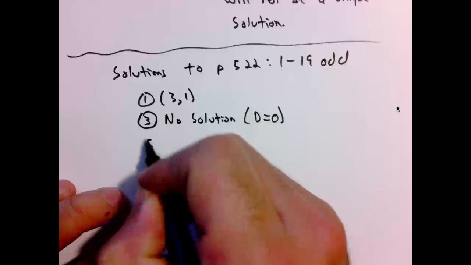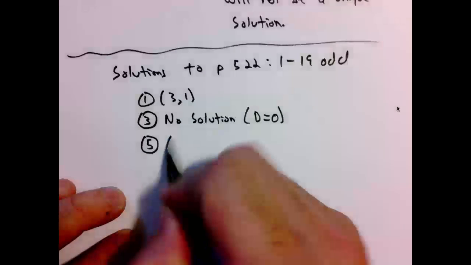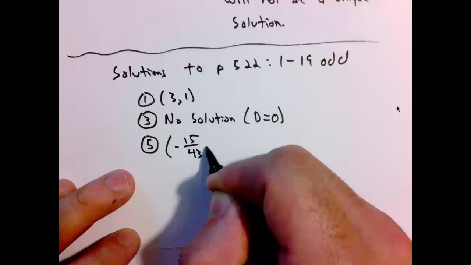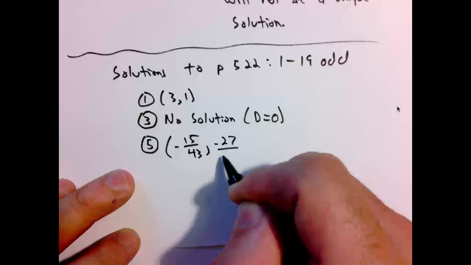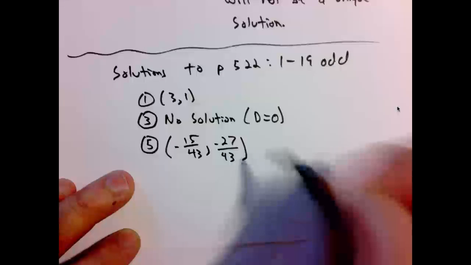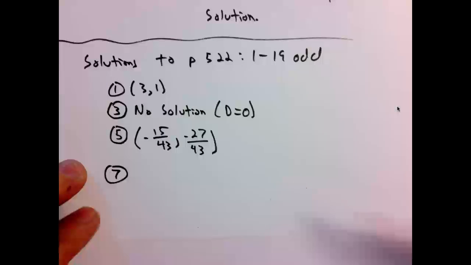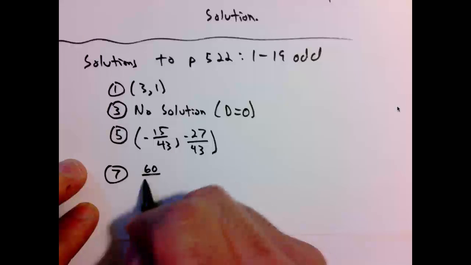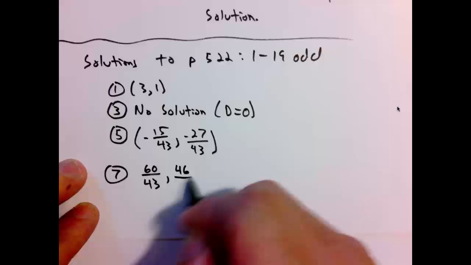Number 5, negative 15/43, negative 27/43. Number 7, 60/43. Interesting that that denominator is also 43. 46/43.